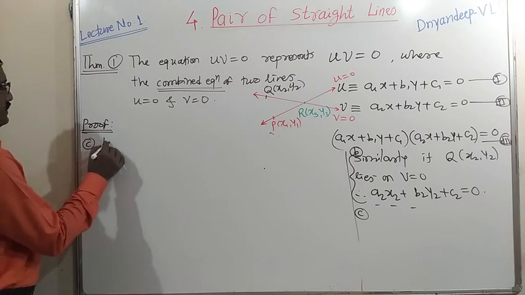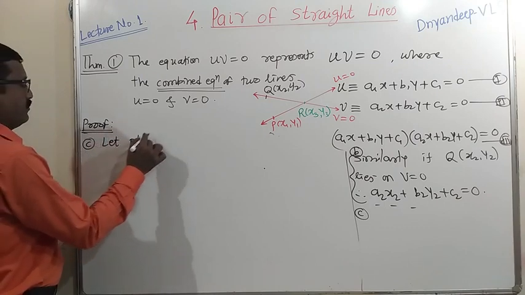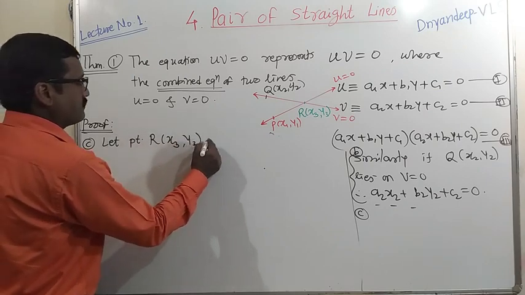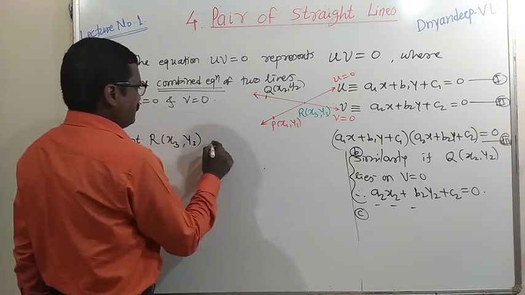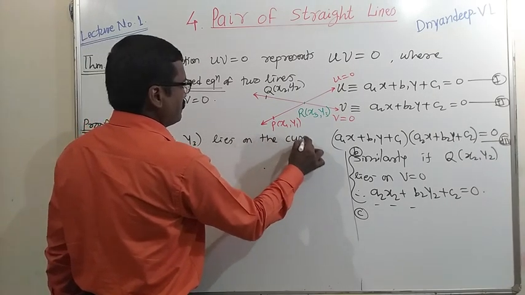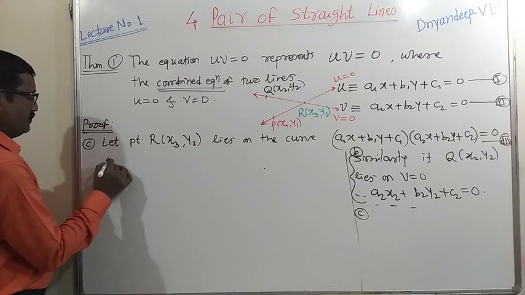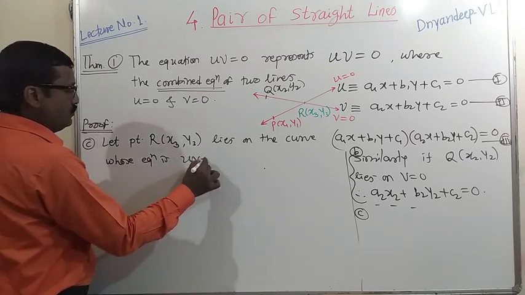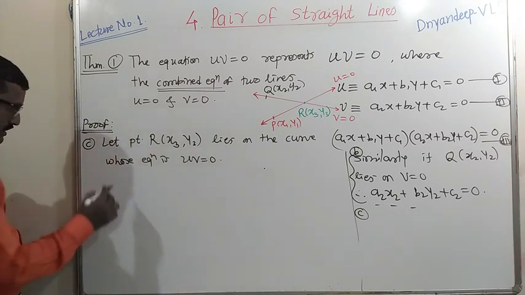Let point R(x3, y3) lie on the curve whose equation is uv = 0.